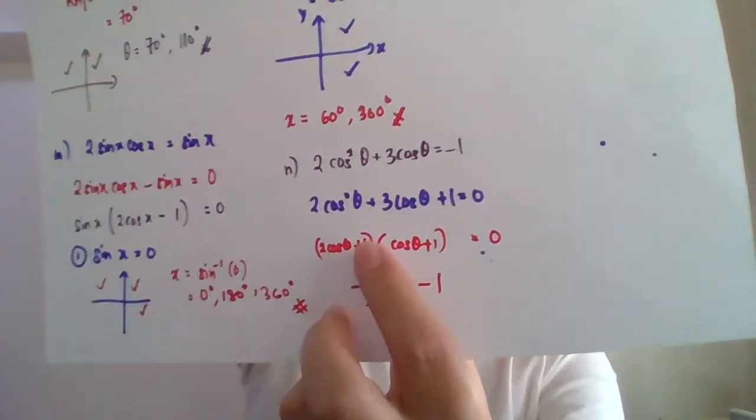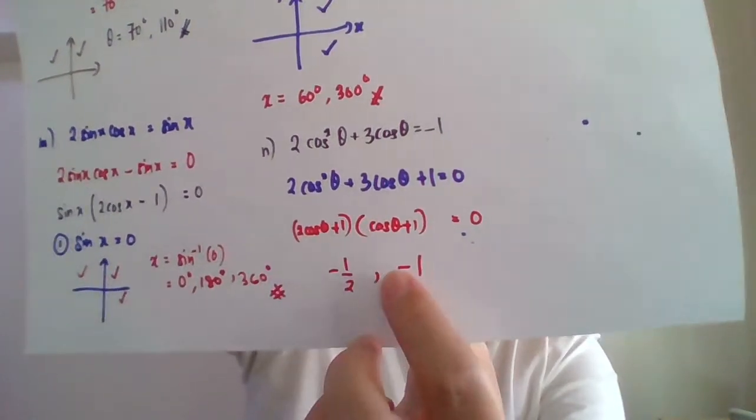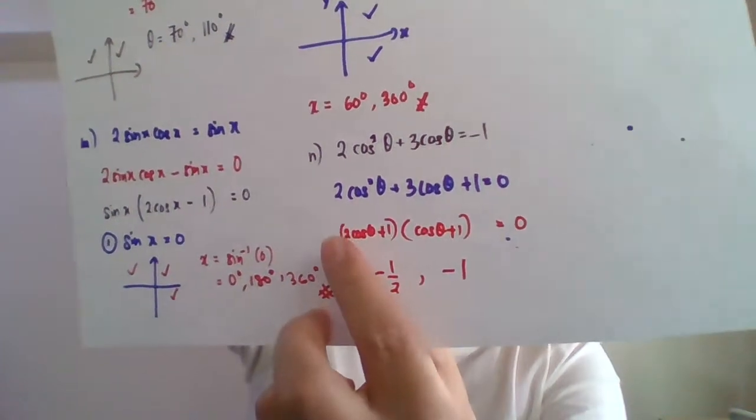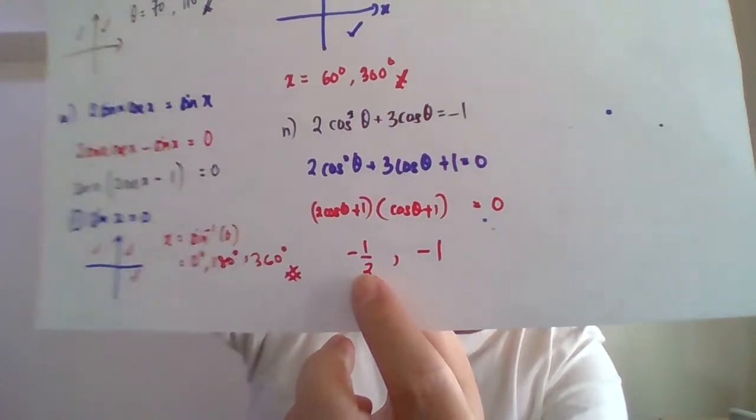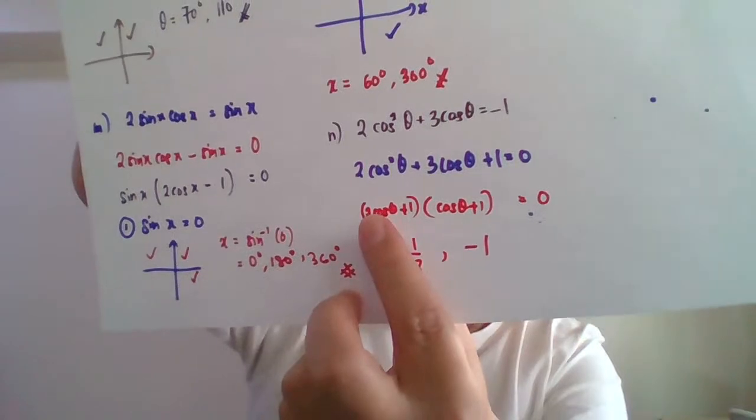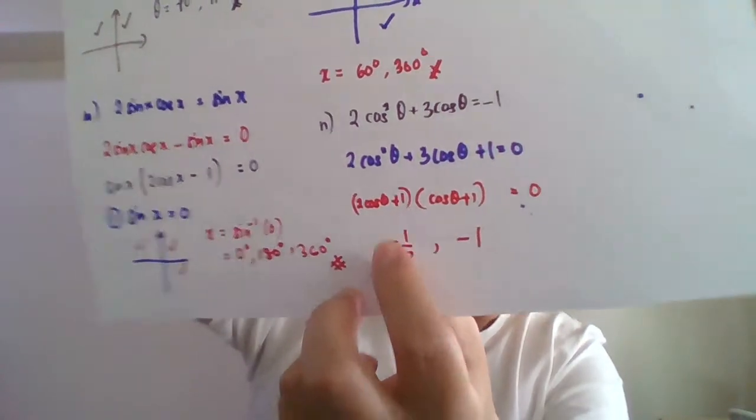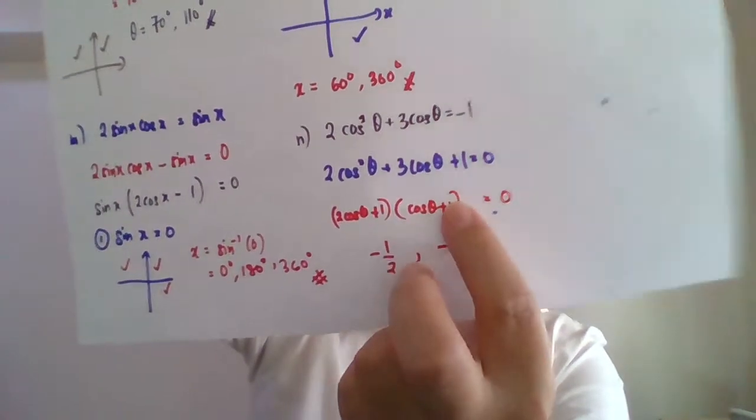So 2 cos theta plus 1 bracket cos theta plus 1 here. This one kenapa 2? Because your denominator is 2. 2 cos theta plus, because this is negative, plus 1. So this one also plus 1. Alright. So guys, this is the first way. Okay, the first way to solve the problem.